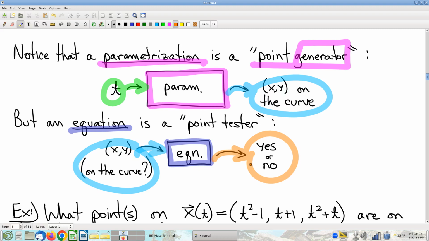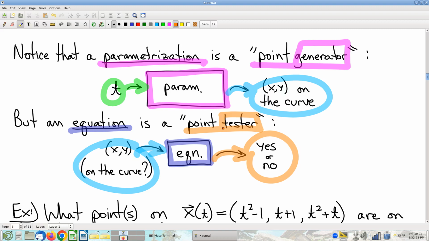So, both involve points on the curve, but in very different ways. And so again, a parameterization is a point generator, an equation is a point tester. Everybody see the difference there, the distinction? Very important distinction. By the way, this leads to a terminology gripe that I have. Some people refer to parameterizations as parametric equations. And there's an equal sign, so technically it's an equation.